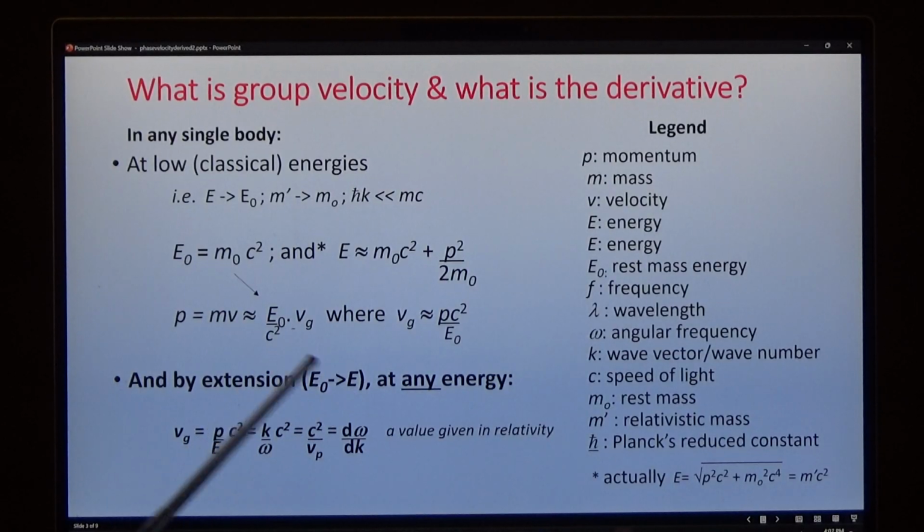So what happens is we have to substitute for E0 the relativistic energy, and then we find from this formula, substituting for p and E, the group velocity is k over omega times c squared, which is equal to c squared over the phase velocity, which is equal to d omega by dk in natural units, where c squared equals 1.